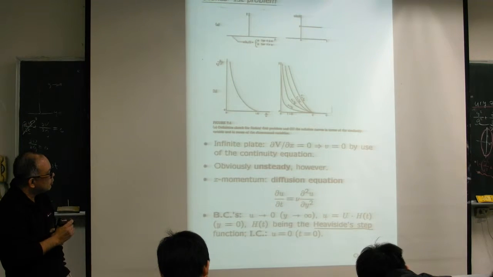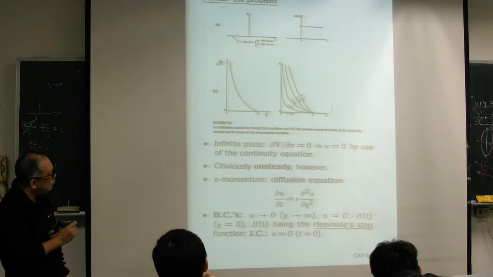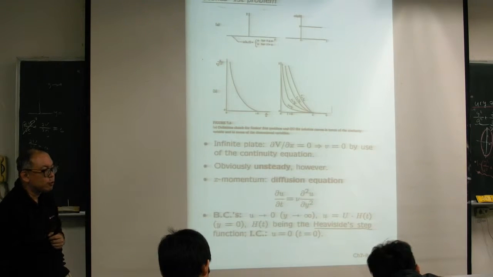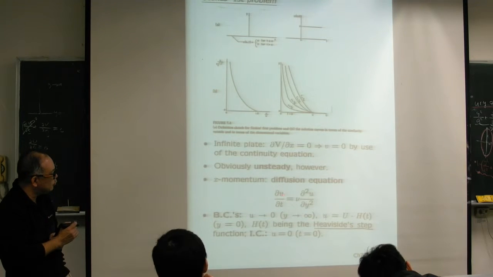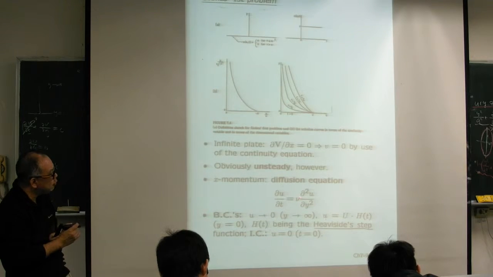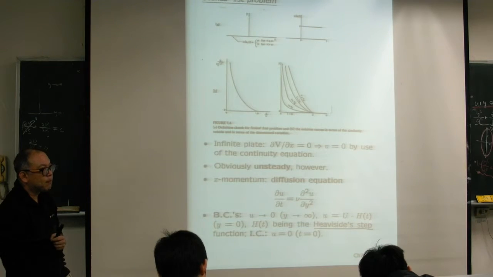This governing equation is very similar to the so-called diffusion equation. If you change the velocity field to concentration, and the viscosity to the diffusion coefficient, it becomes the so-called diffusion equation, which governs the diffusion of the concentration.